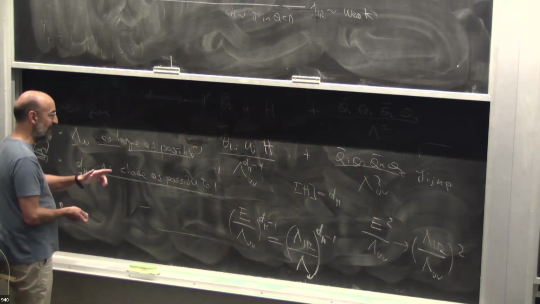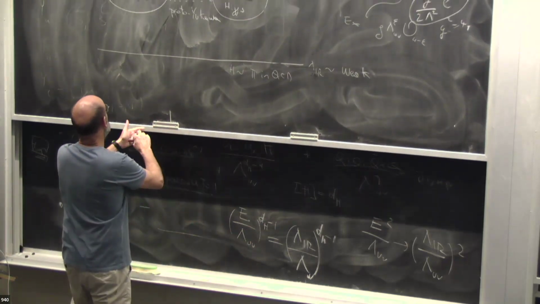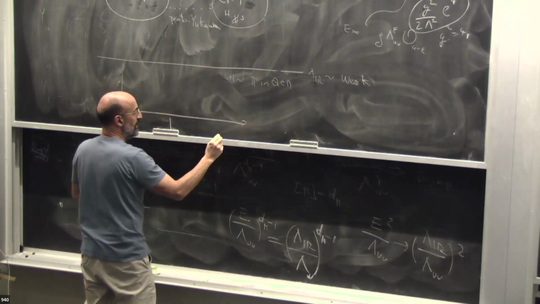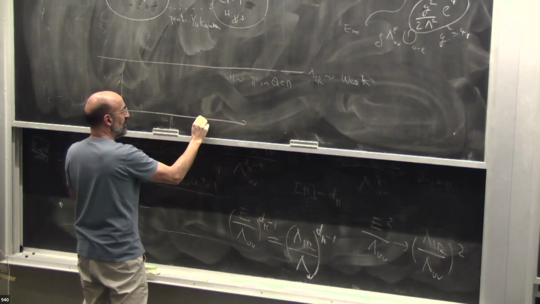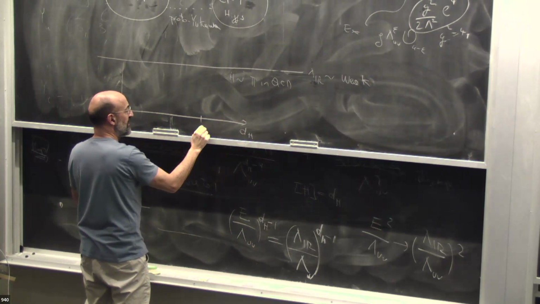You see, the problem is that what you would like to have is a situation like this. Take, for instance, Technicolor. Technicolor is a situation where DH is 3.